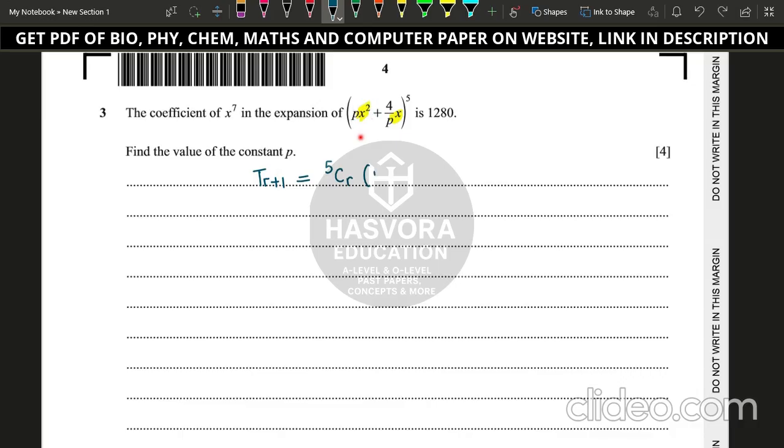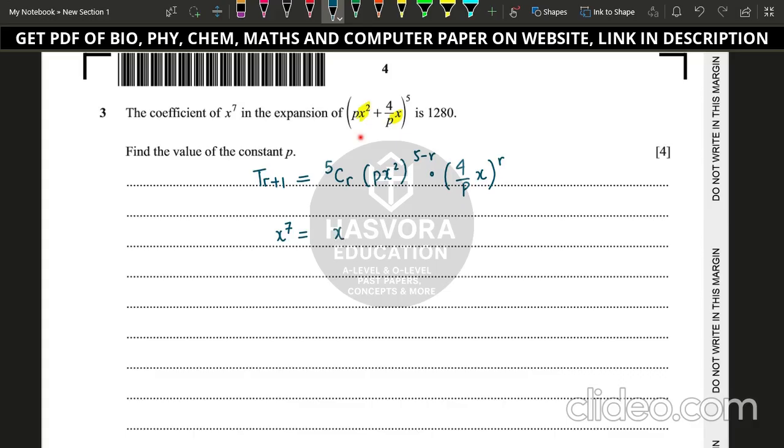So this will become (px²) to the power of 5 minus r, and then into (4/px) to the power r. Now what was the term that we need? It is x to the power of 7, and now we are only going to retain those factors which have x.